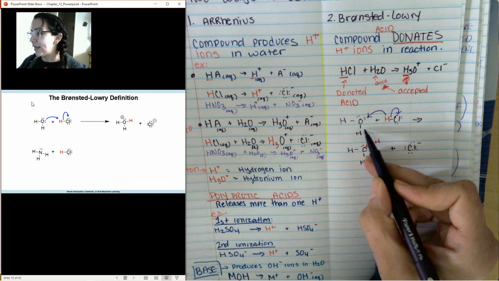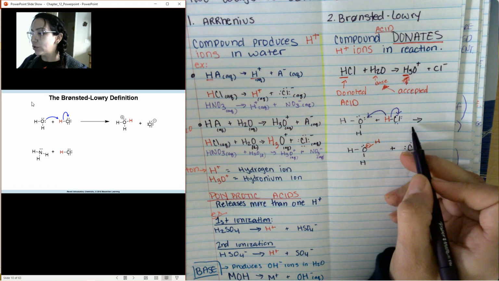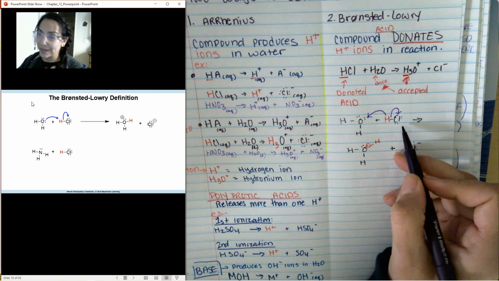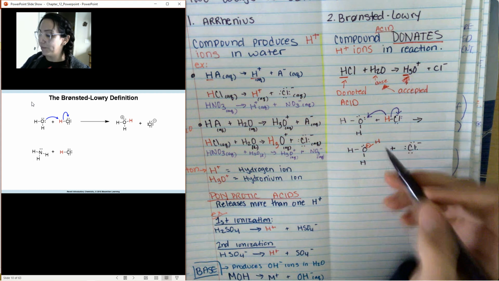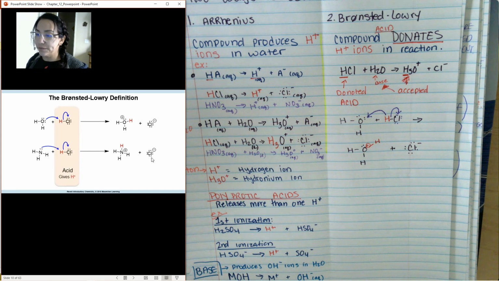So you could see that the water acted as a base, and the hydrochloric acid reacted like an acid because it donated. Right, that was the other example that we could see right here. Same process, donation of the hydrogen ion to our base, creating this NH4 and this anion right there.